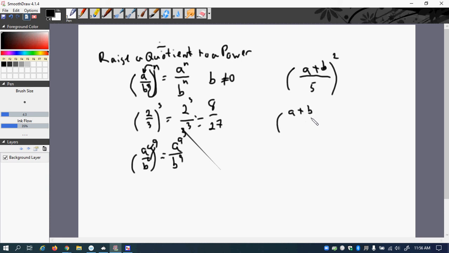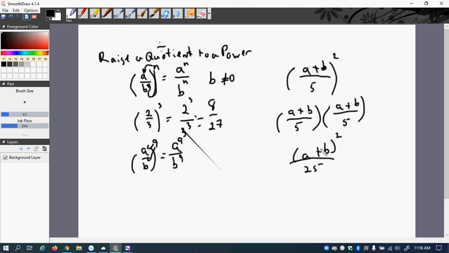A plus B over 5 and A plus B over 5. Now this one always troubles students, but let's make sure we see this. All this gets multiplied by all this. So we really have two of them. A plus B to the second, and the bottom is just 5 times 5, which is 25.